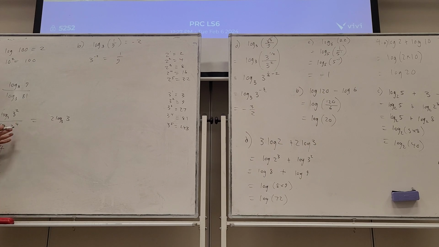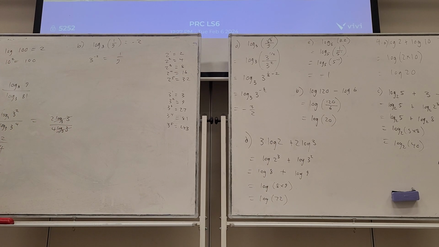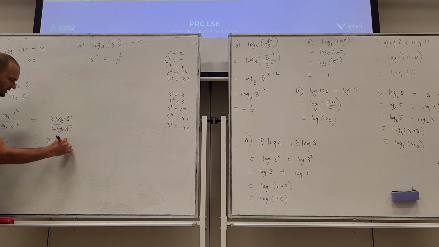And the same with this last one. Okay, and why that's useful is because we have the same thing as a product at the top and the bottom, which can cancel. We have log in base 3 of 3 at the top, log in base 3 of 3 at the bottom, it can cancel. We're left with 2 on 4, which is a half. That's an alternative way of doing that one as well.